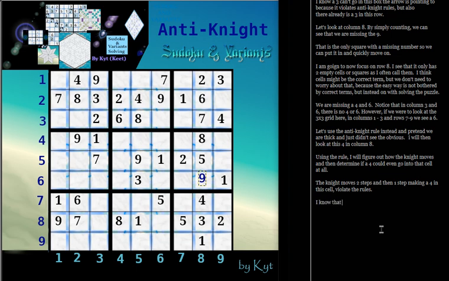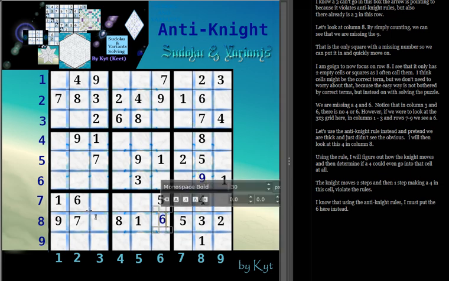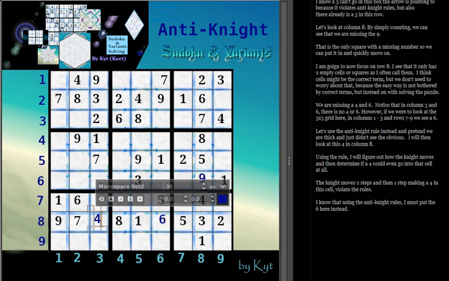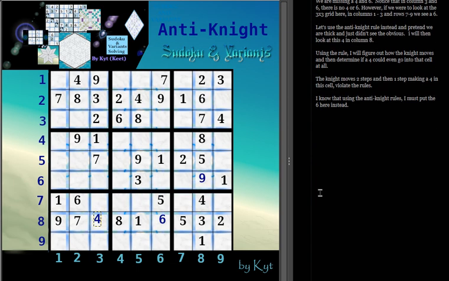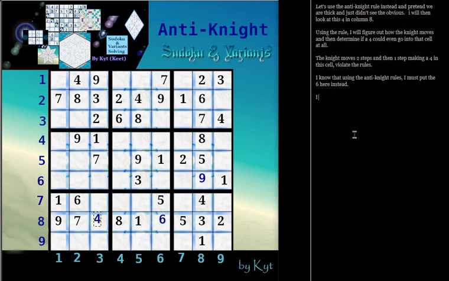So I know that using the anti-knight rules, I must put the 6 here instead. I'll put the 4 in the last empty cell and move on.